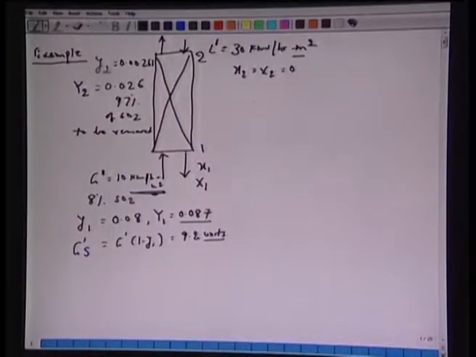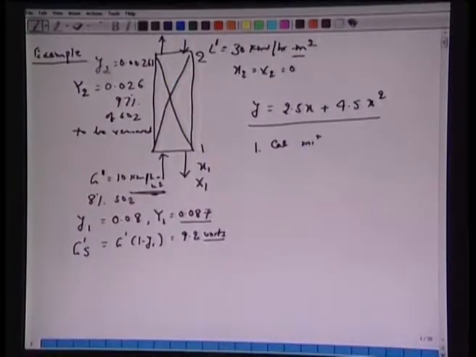Equilibrium this time is given as an expression: y equals 2.5x plus 4.5x squared. So, this is the equilibrium curve. We have to answer certain questions here. First, calculate the minimum solvent requirement. This problem we have addressed in the earlier lecture also.